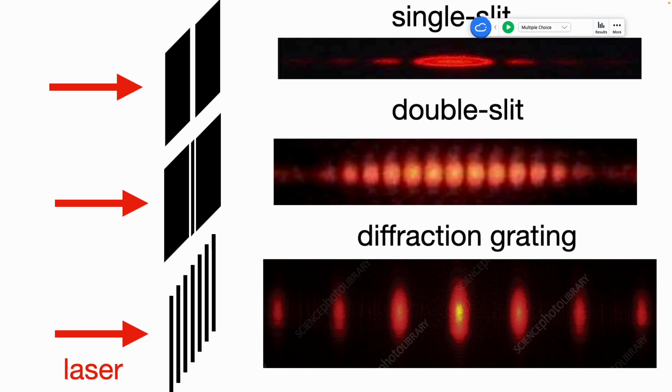And now for the double slit. So for a double slit, you see the center one is equally wide as the side one.